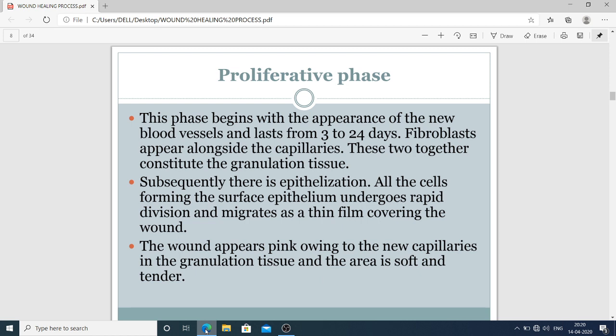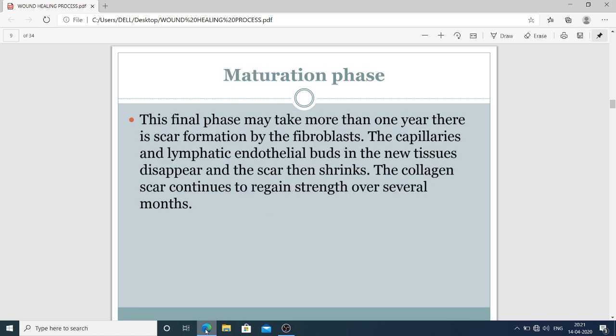Epithelialization is a process that covers a wound with epithelial tissues. All the cells forming the surface epithelium undergo rapid division and migrate as a thin film covering the wound. The wound appears pink owing to the new capillaries in the granulation tissue, and the area is soft and tender.